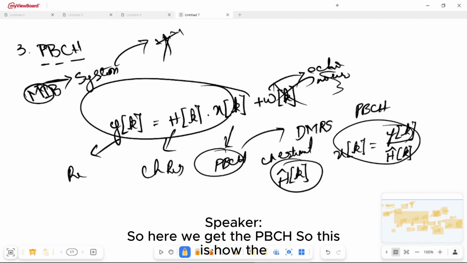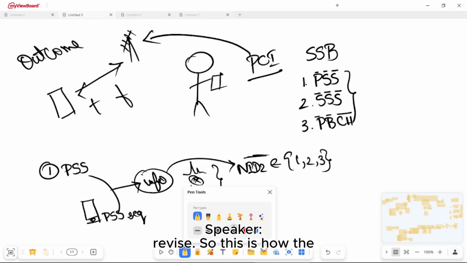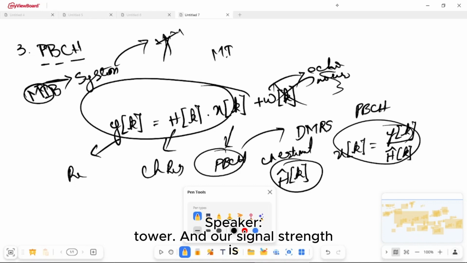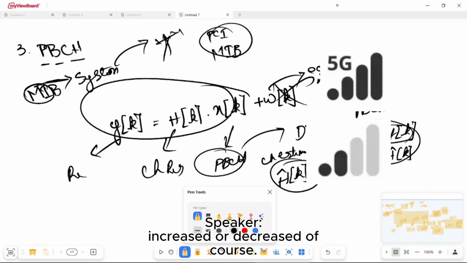This is how the decoding process of SSB is done. Let us just revise. Now we have the MIB information and the PCI, and using these two we can easily connect with the radio tower, and our signal strength is increased or decreased, of course.